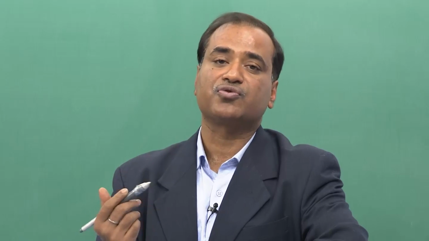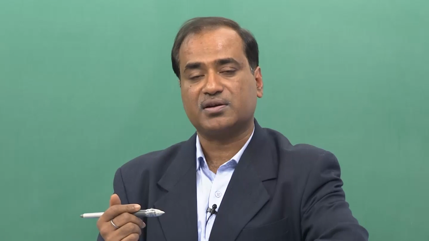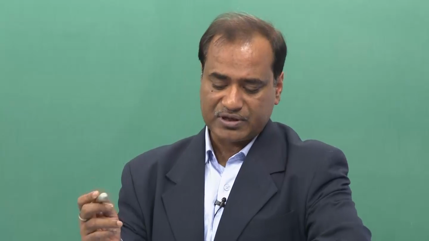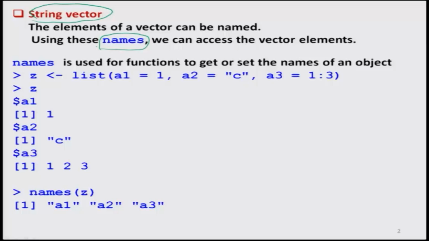So, the question is how to do it. That is what we are going to learn in this lecture by taking certain examples. So, first of all, what we have to understand is that all the elements of a vector can be named.